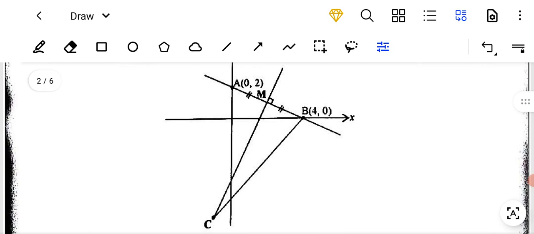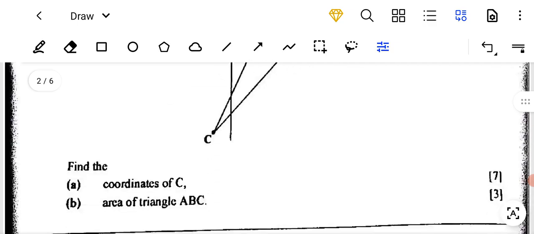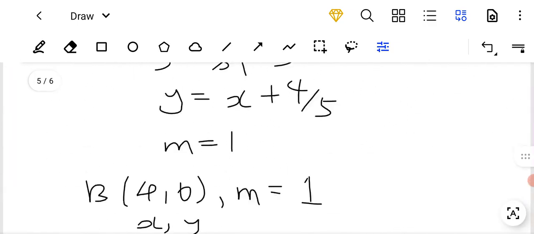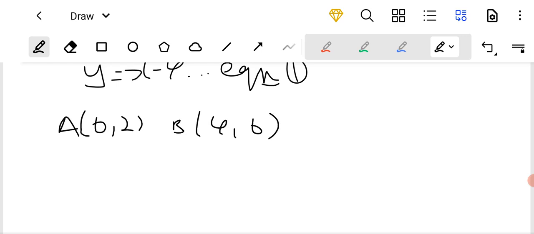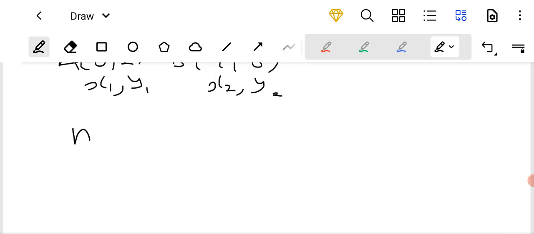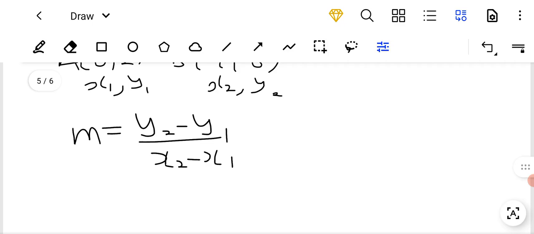the coordinate. So A is (0, 2), B is (4, 0). This is your x1, y1, x2, y2. The gradient m is equal to y2 minus y1, divided by x2 minus x1.